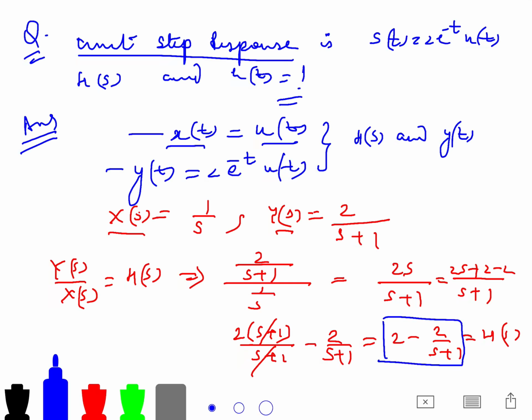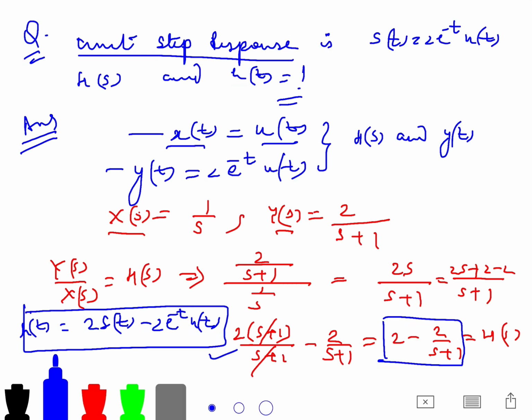Right. Cancel this. It will be 2 minus 2 upon s plus 1. Now this is your H(s). For this you have to write h(t). Now for h(t), 1 is multiplied by 2 and the Laplace transform of delta(t) is 1.